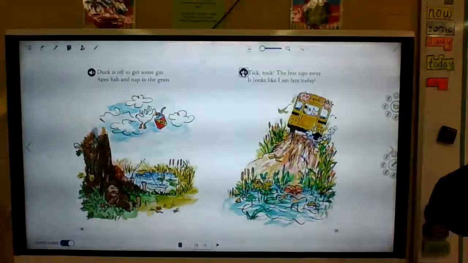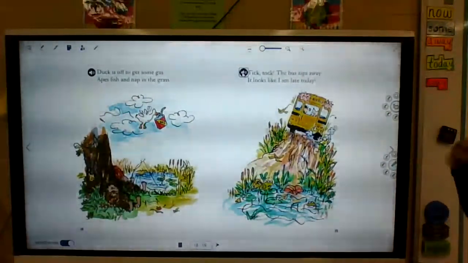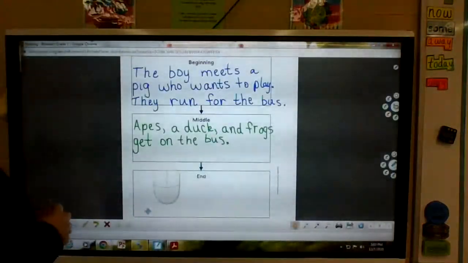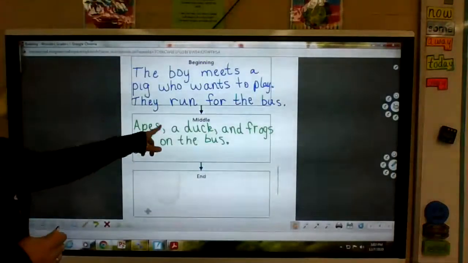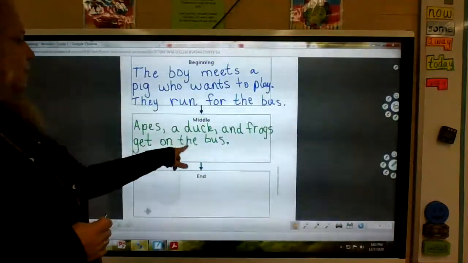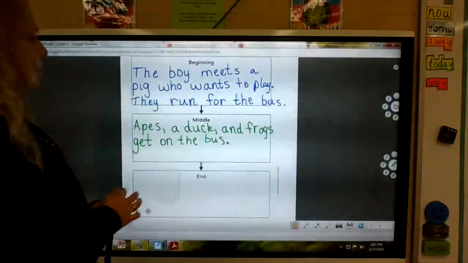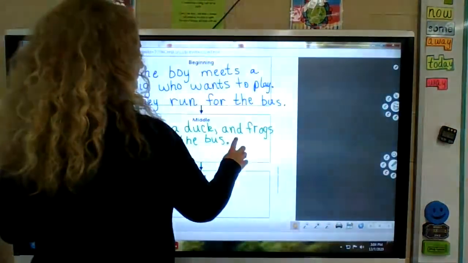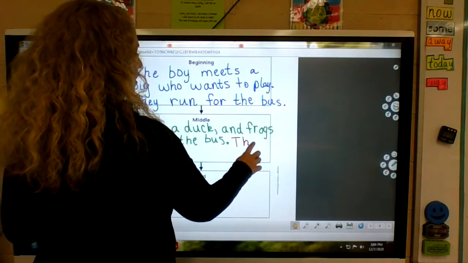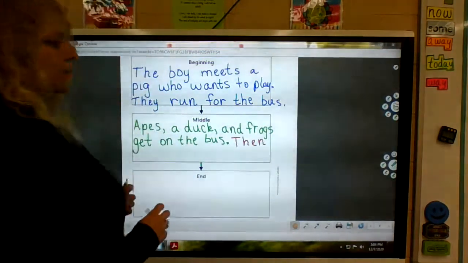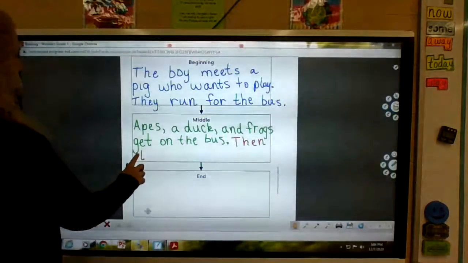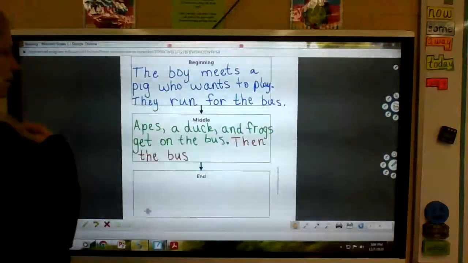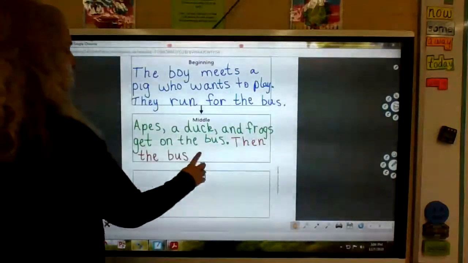So let's add, that's the only other part we need to put for the middle. So let's go ahead and finish that up with our chart. Okay, so we have apes, a duck, and frogs get on the bus. And then we're going to say, then, with a capital T, the bus lets them off.